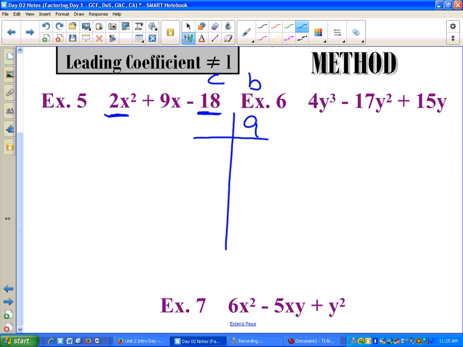I have to take that 2 into account. And to take it into account, I'm going to multiply it by the negative 18 and get negative 36. And now the question is still the same. What multiplies to be negative 36 and adds to be 9?